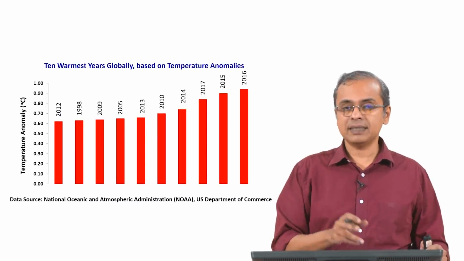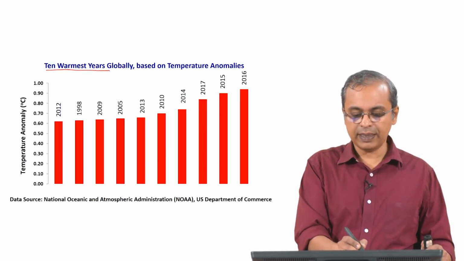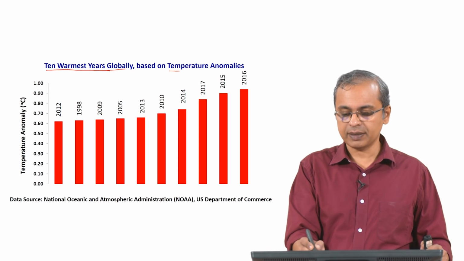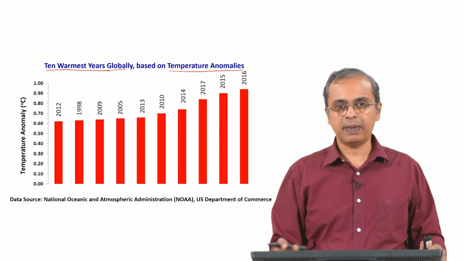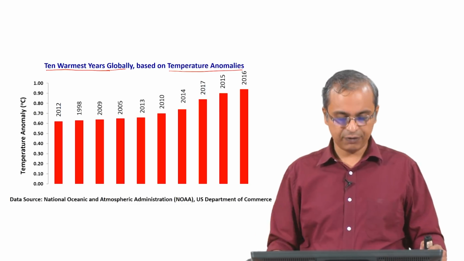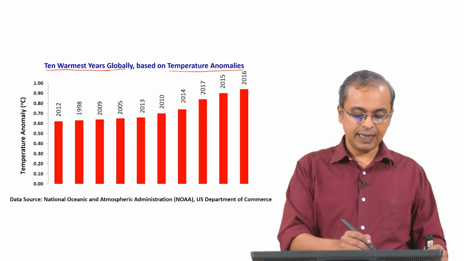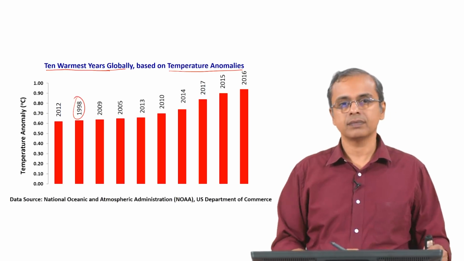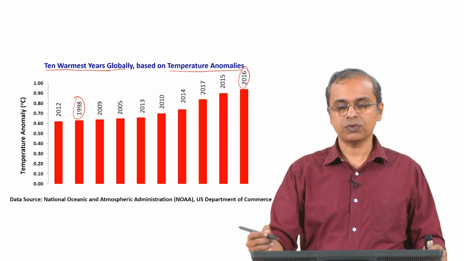If you take, let us say, the 10 warmest years globally based on temperature anomalies, the 10 warmest years faced by this planet for all the data that we have available, those 10 years are all there since 1998, okay, and 2016 was actually the warmest so far.